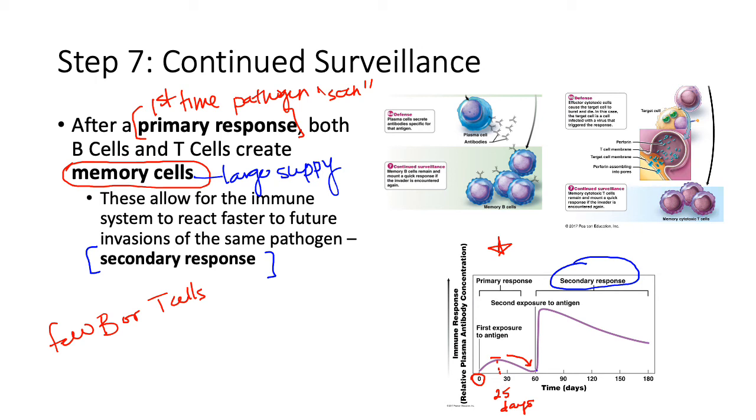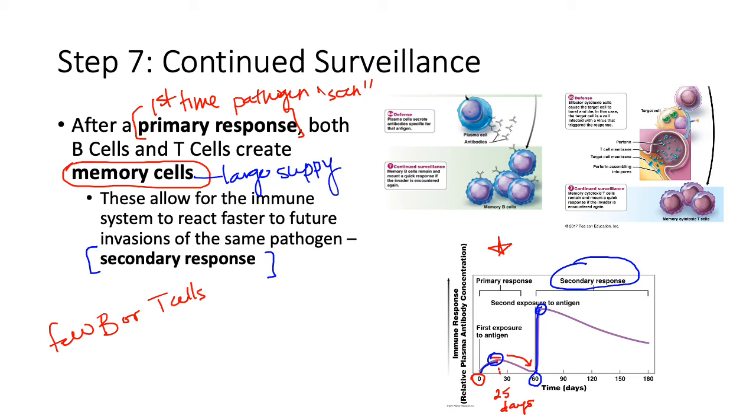At day 60, this person was introduced to the same pathogen, and rather than a nice slow arc to maximum antibody concentration, it just went up. It looks like in 1 or 2 days we have a huge concentration of antibodies. And our second amount of antibody is much greater than the peak for the first, so we have considerably more antibodies in our system now.